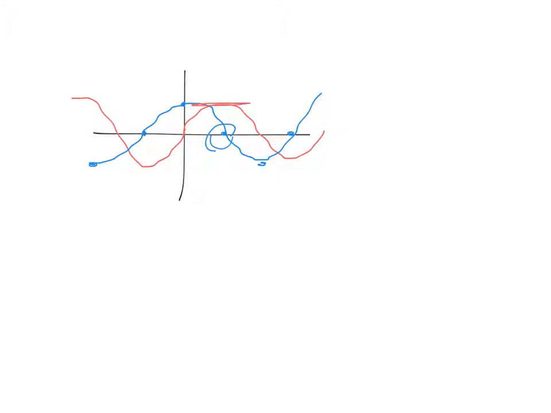Where the original graph, the red graph, is increasing, the blue graph is positive, where the red graph is decreasing, the blue graph is negative, and the blue graph there is cosine. So if y is sine x, y prime is cosine x. That's what you're supposed to notice there.